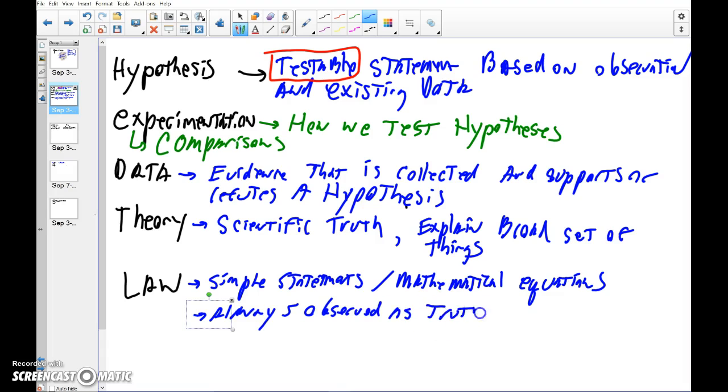I think sometimes it's a misconception that law is better than theory. It's not. Theory tends to explain really big, broad, hugely complicated things. Laws tend to be what we use to explain very simple concepts that are everywhere. Like the law of gravity. Gravity affects everything. I mean, frequently there are lots of adaptations in your body that affect gravity. The way the planets move is affected by gravity. The way water moves is affected by gravity. But gravity itself is a very simple thing with a very simple mathematical explanation. And that's what laws tend to be.